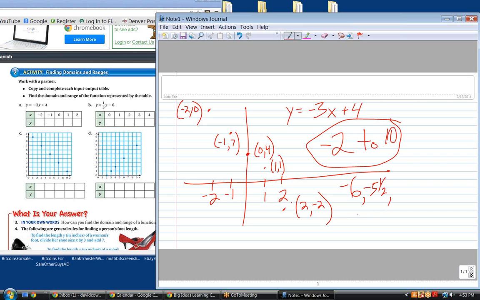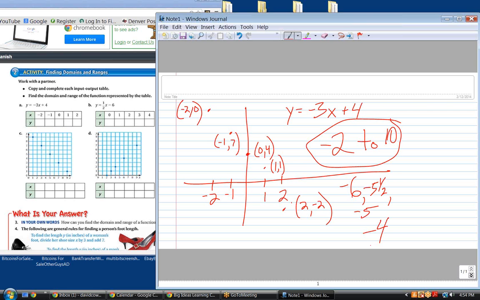When X is 2, -5. Okay. We can see that Y is going down. So rather than fill in the whole table, let's just figure out what Y is when X is 4. So when X is 4, Y is -4. Okay.